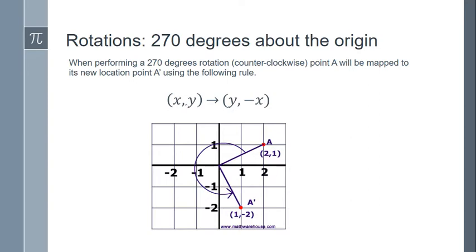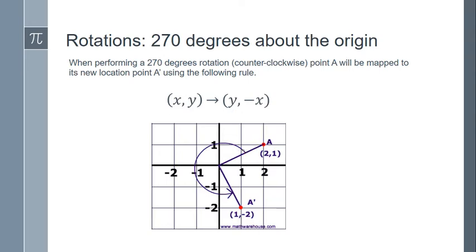So let's talk about our last rule, when we perform a 270-degree rotation. We switch the x and y coordinates again, and then we make the y coordinate negative in our image. Take a look at A, the pre-image. It's at the point (2, 1) again. Now we're going to do the 270-degree rotation.